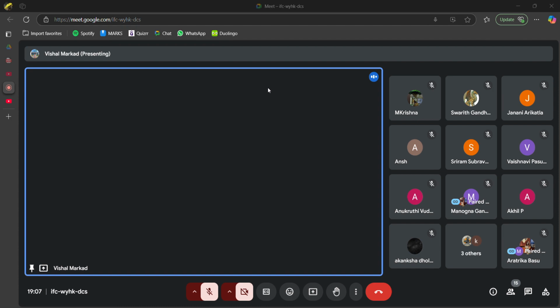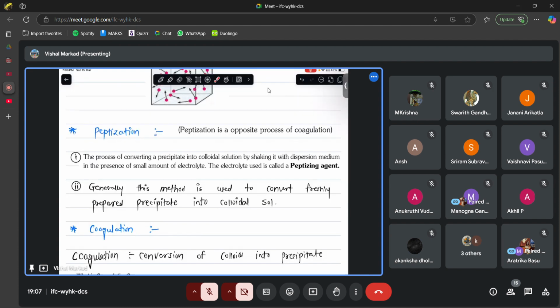Now, what is meant by peptidization? Peptidization means we convert precipitate into colloid. If we convert precipitate into colloid, that is peptidization: the process of converting precipitate into colloidal solution by shaking it with the dispersion medium.